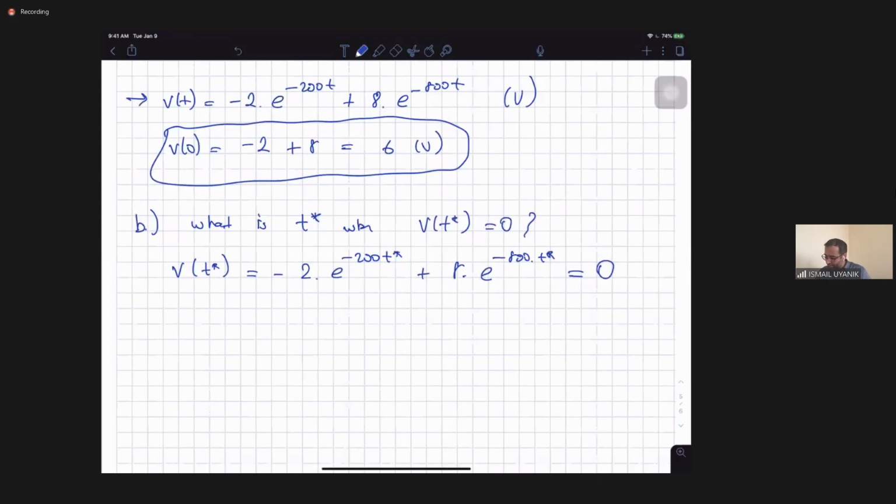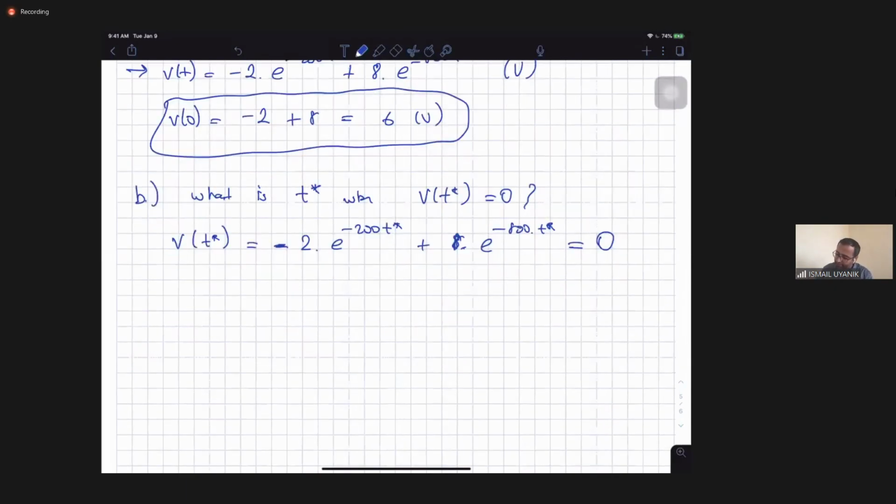We can compare our results with the results I have here. Is it clear for everyone? It's not asking for the time of maximum or minimum. It's just asking for the time when it becomes 0, so I can equate it to 0 and calculate that time very easily.